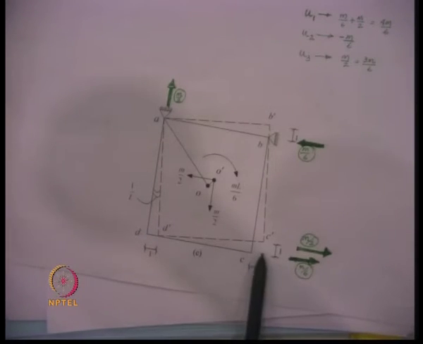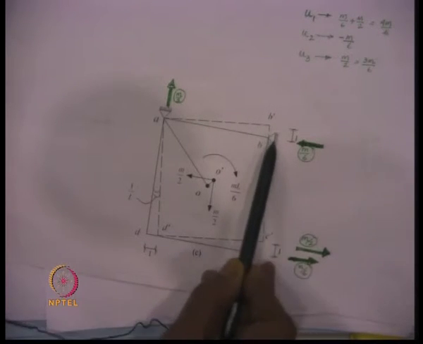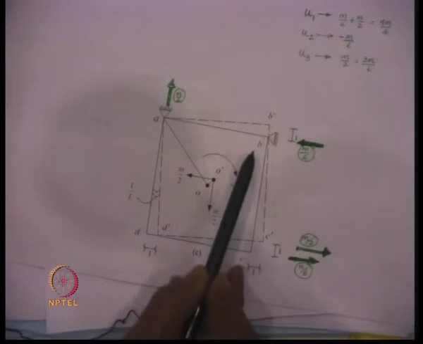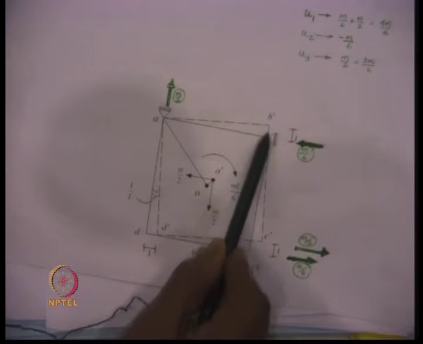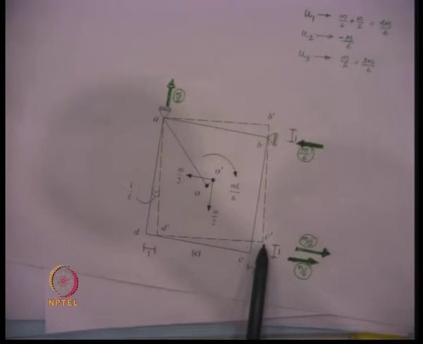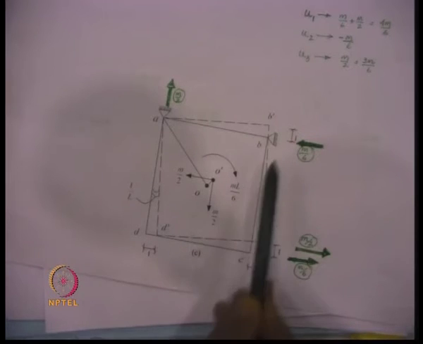So, we do not have any restraint in this direction, and therefore, it can move. Now, if it moves by unity in this direction, then this point moves to this point, that is B dashed, and this movement is again perpendicular to this line, so that this length remains unchanged because it has rotated by the same amount.